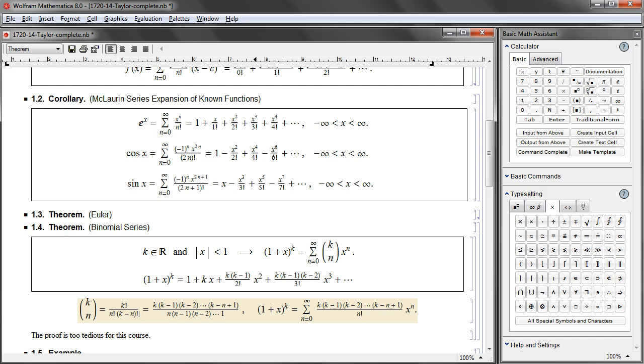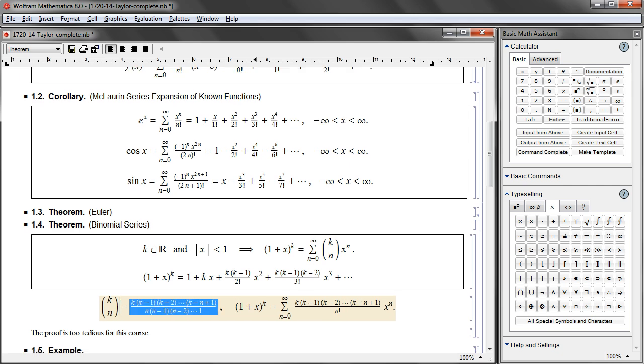However, when k is not a positive integer, then this expression does not make much sense, but this one does. Also, please note that when k is a positive integer and n is an integer that exceeds k, then k minus n factorial is undefined, so binomial (k, n) is 0.